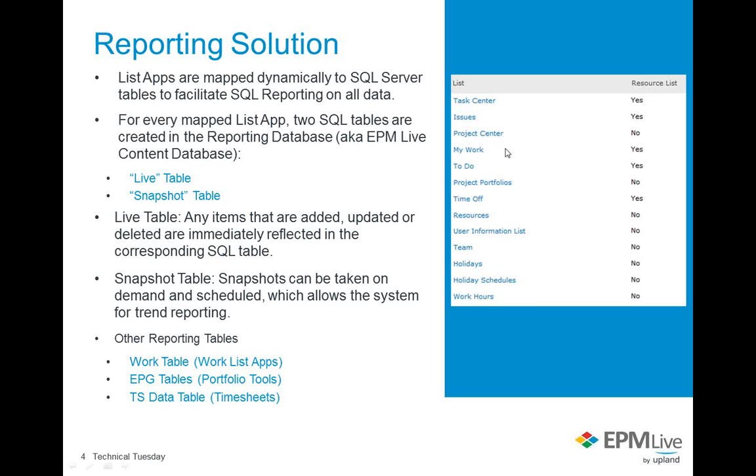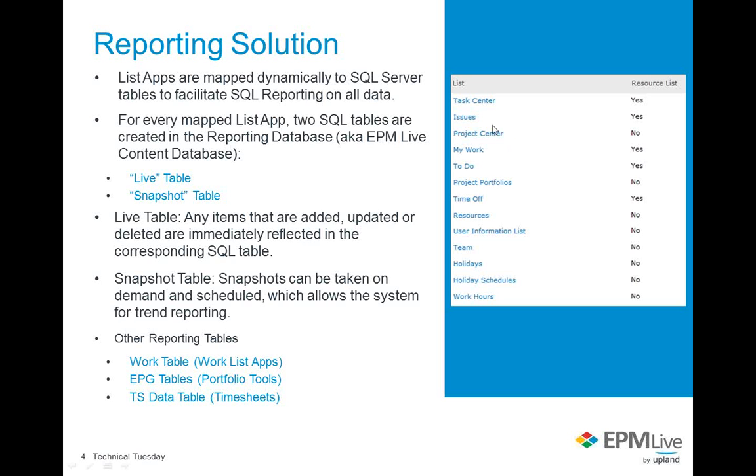Every list app that's listed here, there's 2 tables that get created in the EPM Live reporting database. One is a live table, and one is a snapshot table. Now the live table is, as you can imagine, live data. So as any items are added, updated, or deleted, the data in those specific items are immediately reflected in the corresponding table.